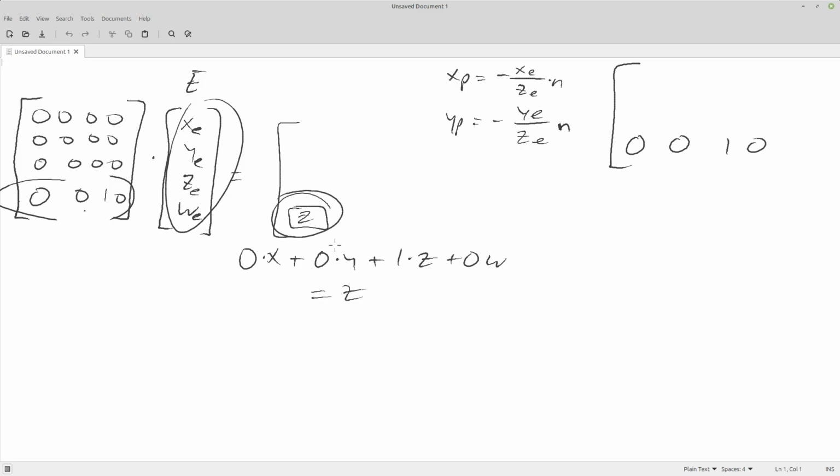We'll use this almost like a temporary register to keep around, and then use that for the perspective divide.